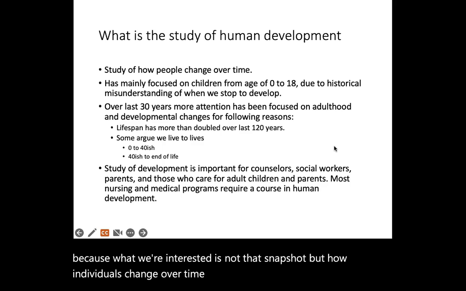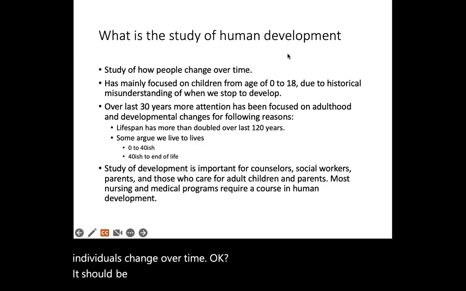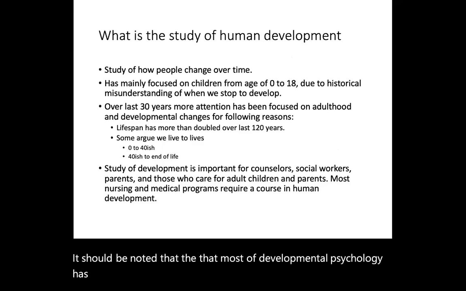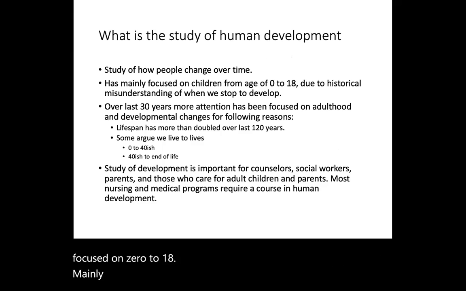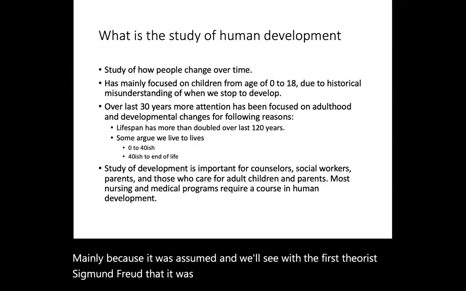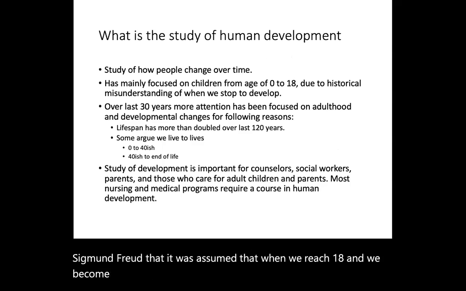Now, it should be noted that most of developmental psychology has focused on 0 to 18. Mainly because it was assumed, and we'll see with the first theorist, Sigmund Freud, that when we reach 18 and become an adult, we no longer develop anymore.